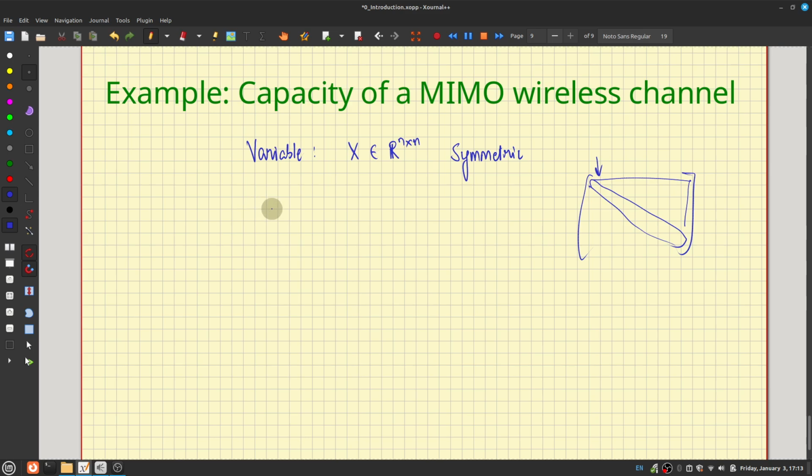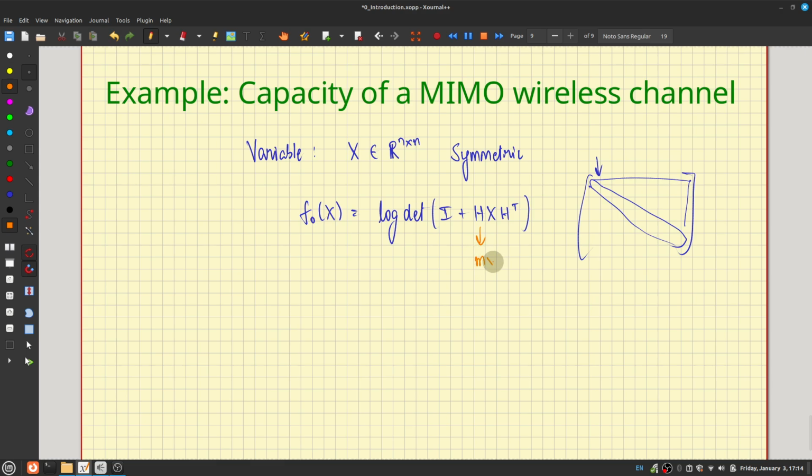My objective function is going to be the logarithm of the determinant of the following matrix: I plus H X H transpose, where this matrix H is an arbitrary m by n matrix.